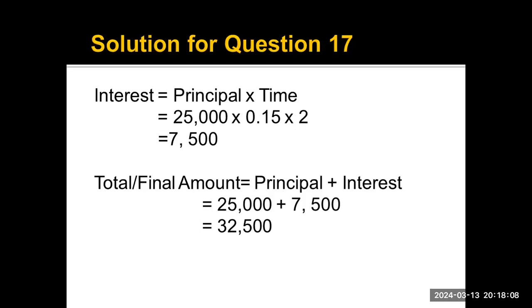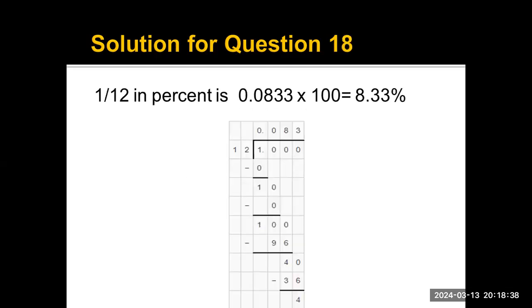The final amount must be the sum of the principal and the interest. We add 25,000 and 7,500 to have the final amount of 32,500.